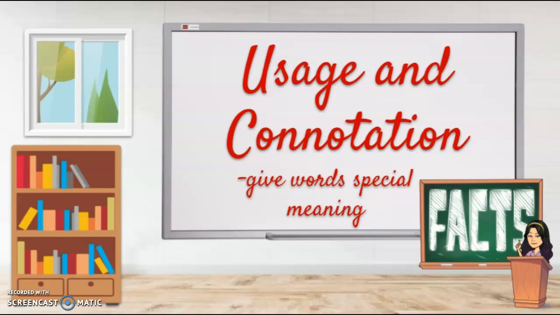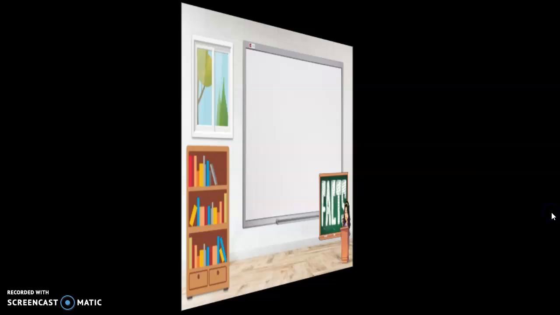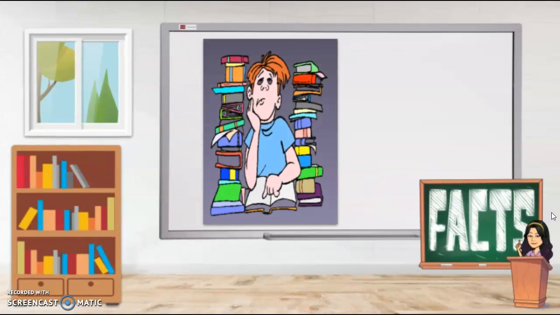Even though synonyms are said to be words with the same meaning, very few words have exactly the same meaning. Usage and connotation give words special meanings. All words convey a literal meaning, the specific meaning found in a dictionary. This is called denotation.